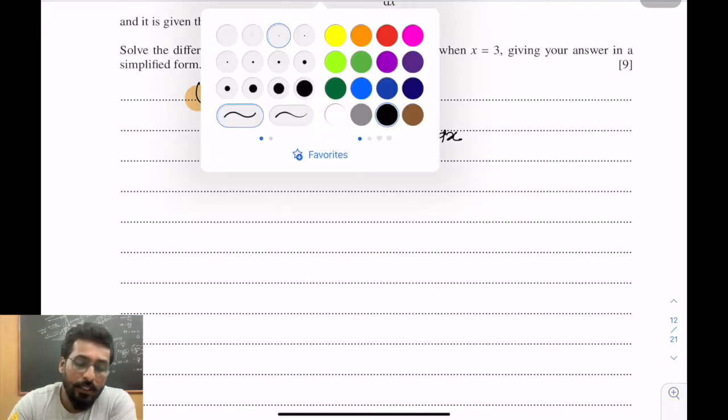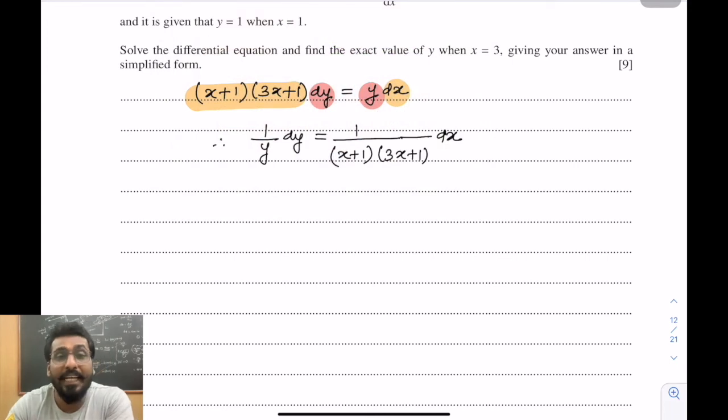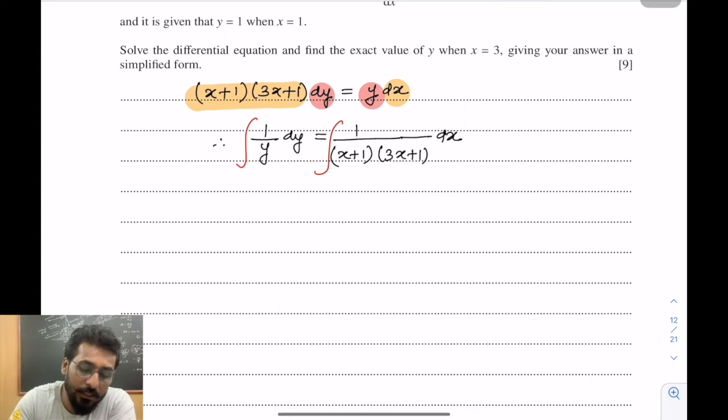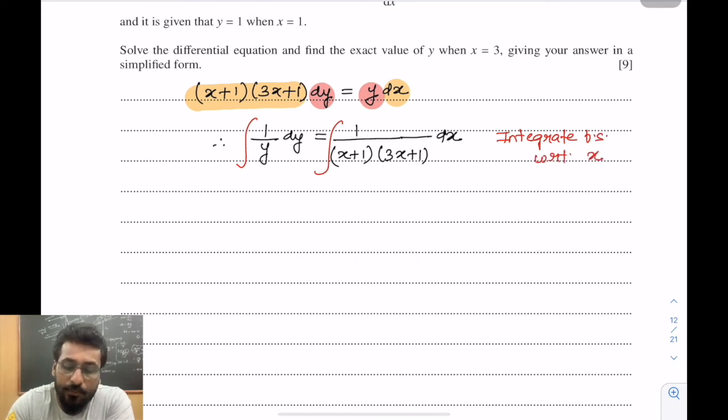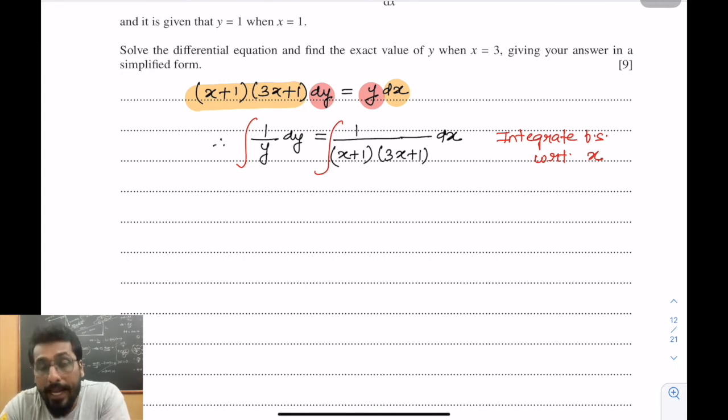Now the next thing that you need to do is to integrate both the sides. You can write over here, integrate both sides with respect to x, because x was your independent variable. That's why the dx has gone on the other side.